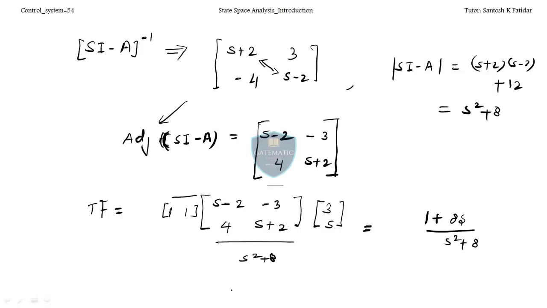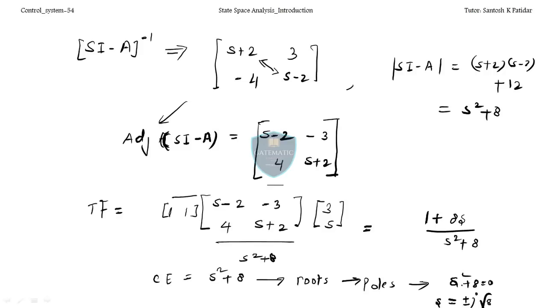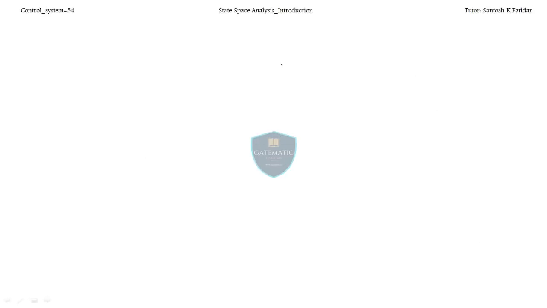Now, what is the characteristic equation? The characteristic equation is nothing but s squared plus 8, and the roots of this characteristic equation are nothing but the eigenvalues or the poles of the system. So s squared plus 8 equal to 0. The poles will be s equal to plus minus j root 8, that is j root 8 and minus j root 8.